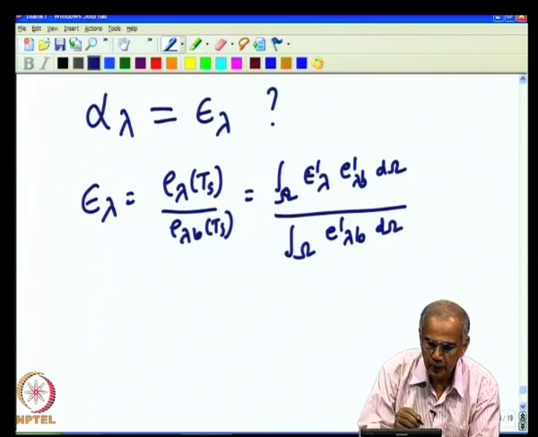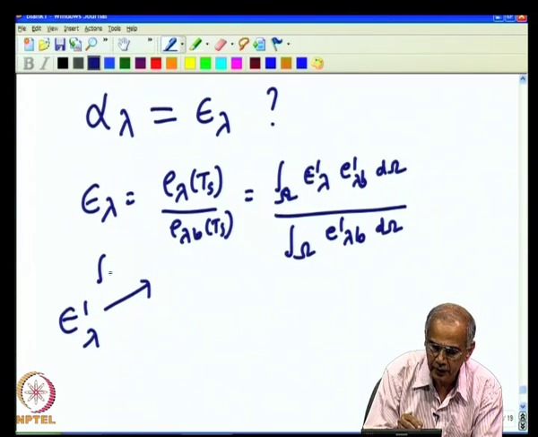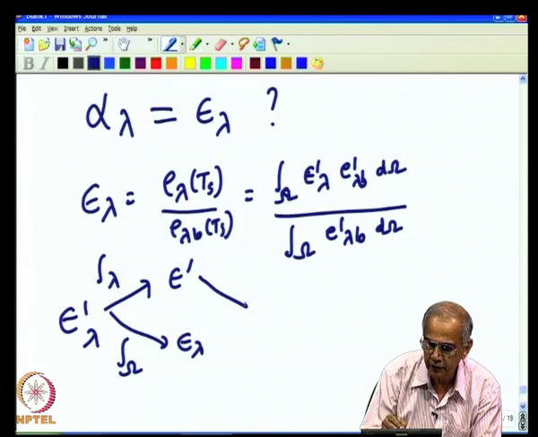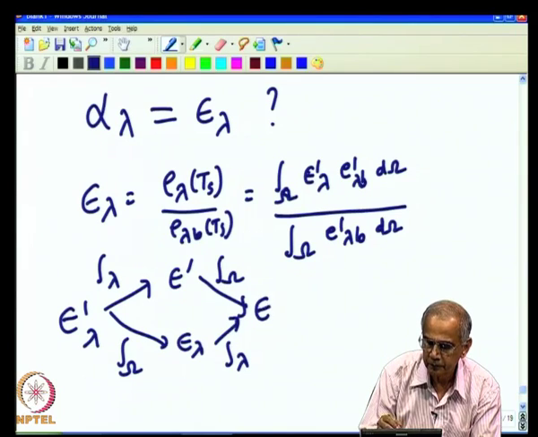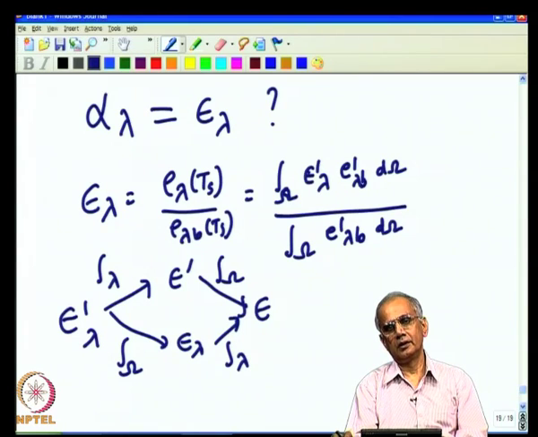So, just to remind you, we start with the basic quantity, that is spectral. Last time we did the wavelength integration, we got this quantity. Now, we are doing angular integration and getting this quantity. We can reverse it later if we want. Ultimately, we will get epsilon, which is the total hemispherical emissivity.